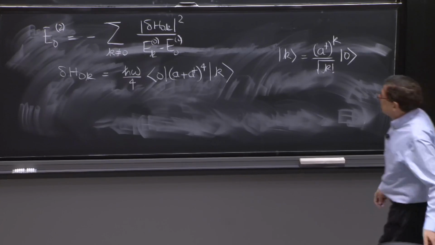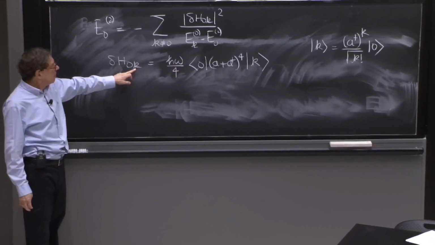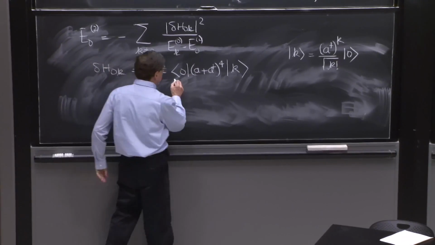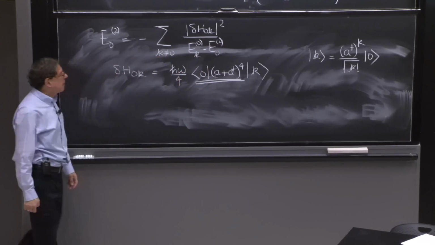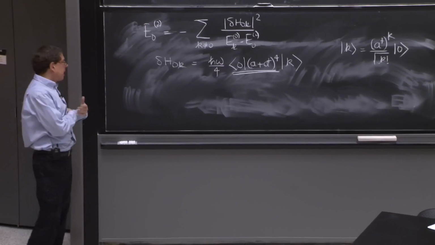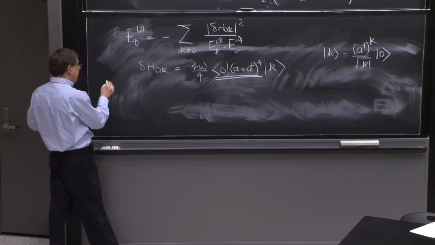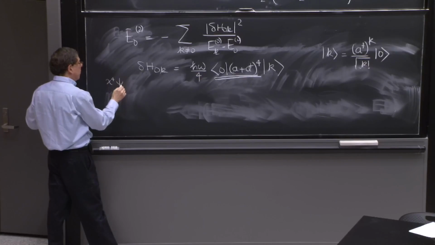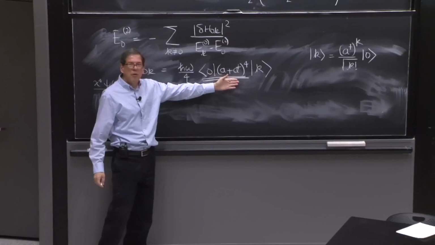So our challenge here is to see which values of k exist. For that, you can think of this part of the term, the (a plus a dagger) to the 4th acting on the vacuum. This is nothing else but saying what happens to the wave function when you multiply the ground state wave function by x to the 4th. That's physically what you're doing here.